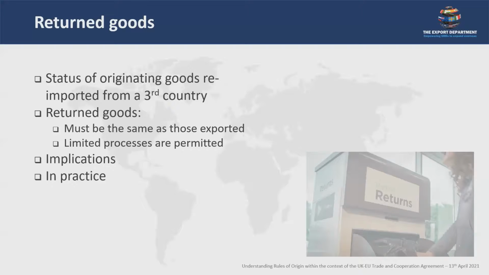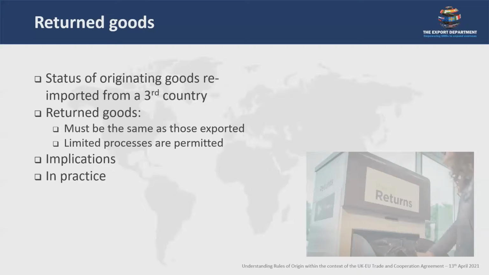But the process of going through that is a little bit complicated. So you need to make sure that the import declaration references the original export entry, and you need to have the right customs procedure code on the import declaration as well, which we've talked about CPC codes and so on a lot in the past. And you'll need to provide the original export declaration to HMRC when you're claiming that relief.